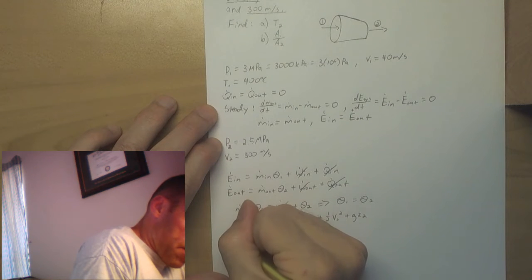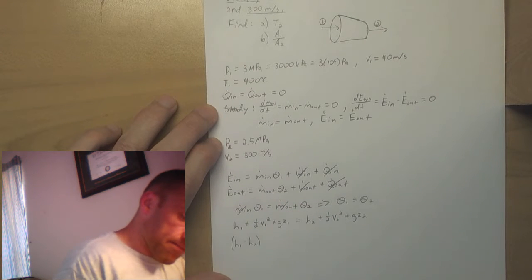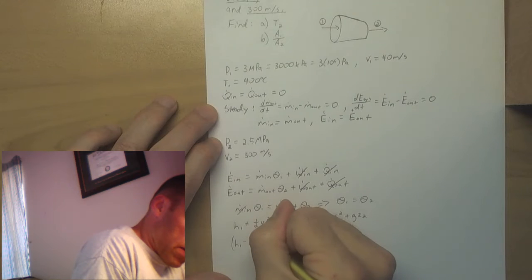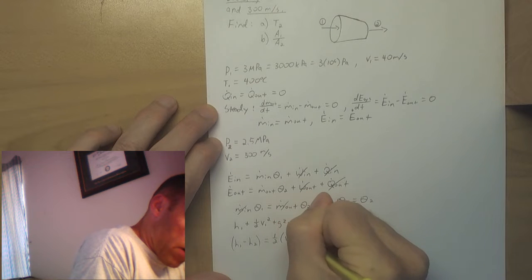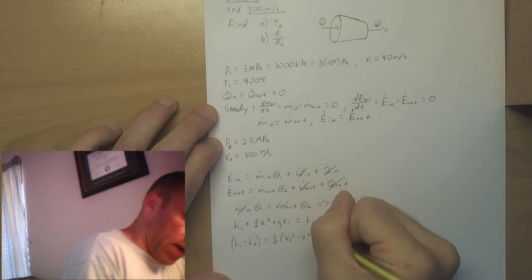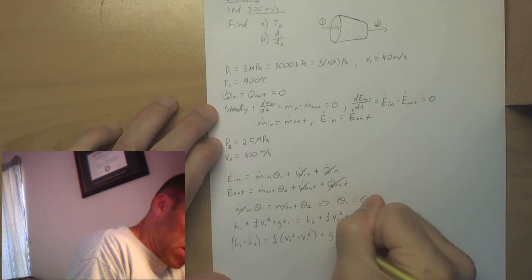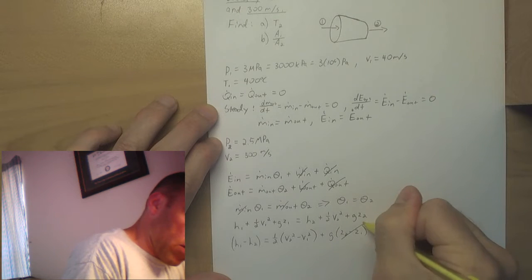So H1 minus H2 equals 1/2 (V2 squared minus V1 squared), plus g (Z2 minus Z1). But this is going to come to 0.